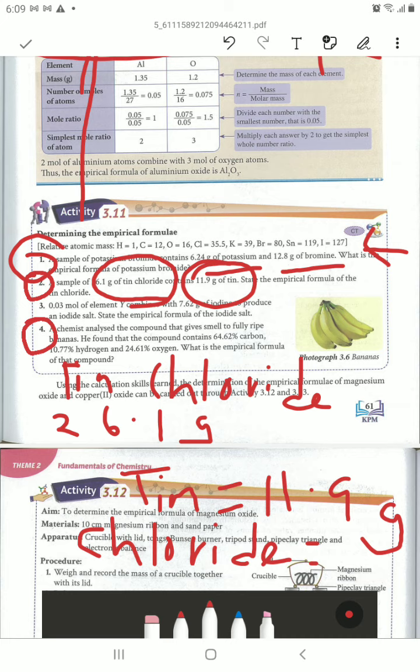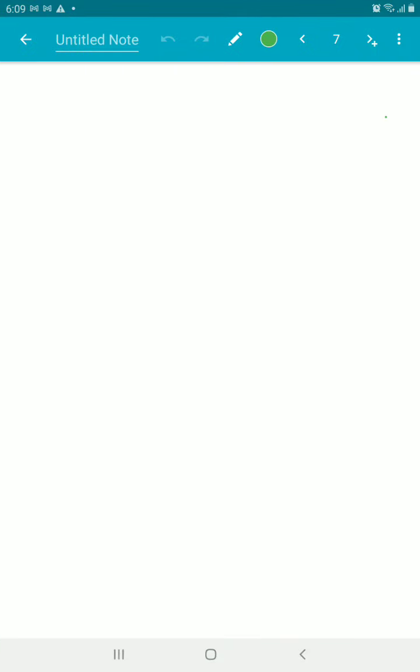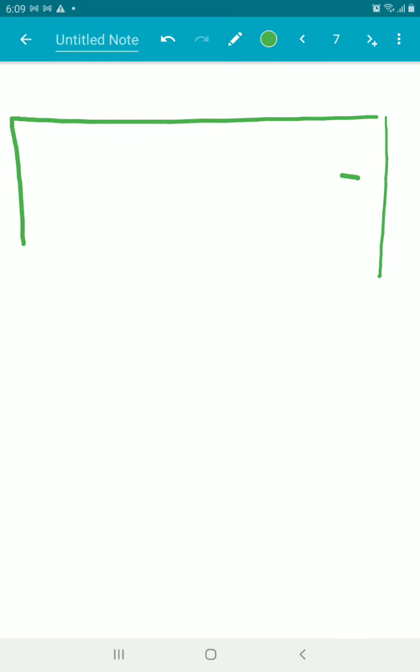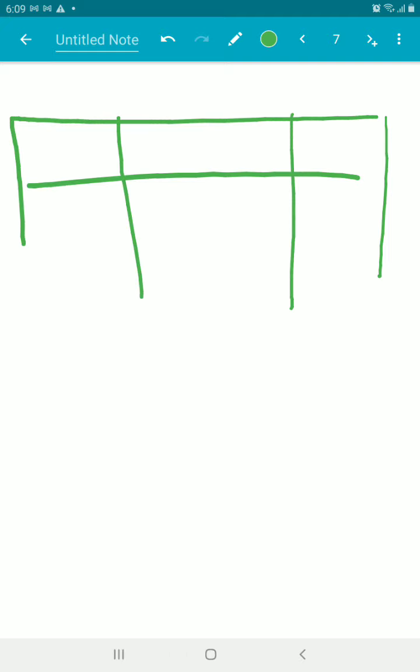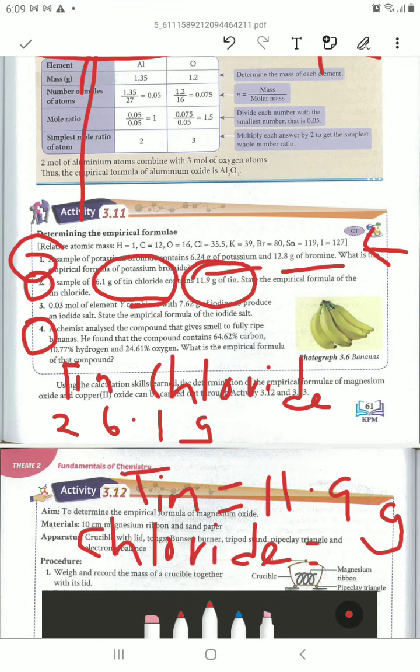Okay, then for question number 4, they give you the percentage of the elements. We have carbon, hydrogen and oxygen, so you have 3 columns. The first column is carbon, the second column is hydrogen, and the third column is oxygen.